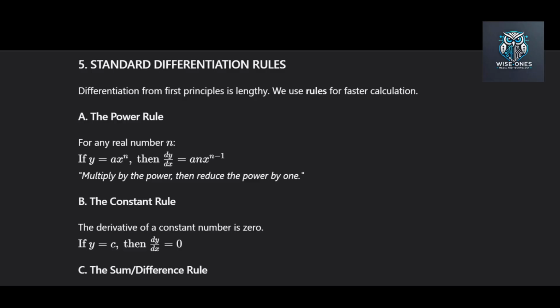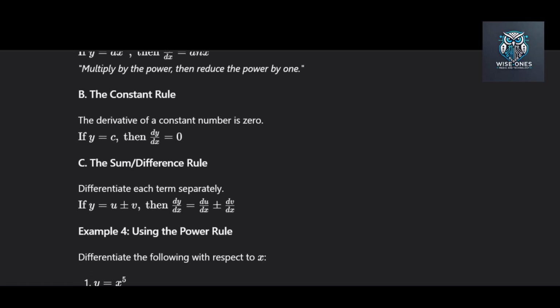Now, let us look at example 5, finding the gradient at a point. The question is, find the gradient of the curve y equals x squared minus 4x at the point where x equals 3. Step 1, find the derivative dy/dx. Using the power rule, x squared becomes 2x, minus 4x becomes minus 4.